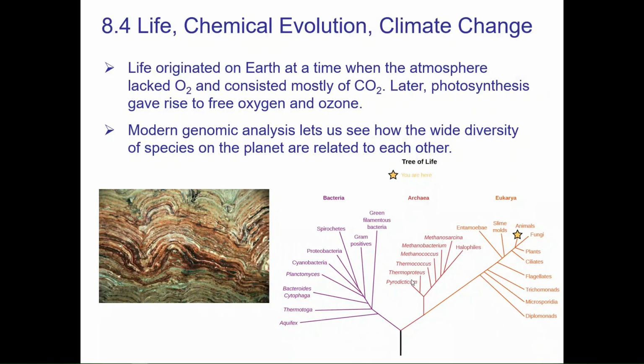So therefore, they actually gave a chance for living creatures to move away from the ocean, because now the ozone layer protects them, so they were able to survive on the continent and outside of the ocean.